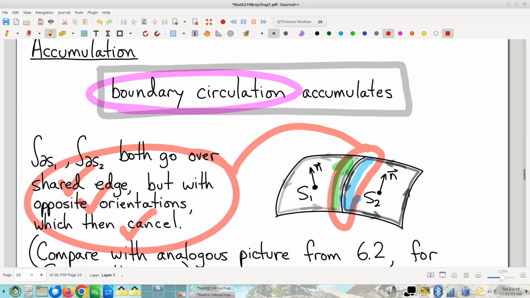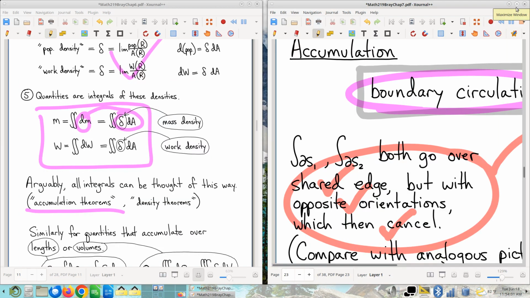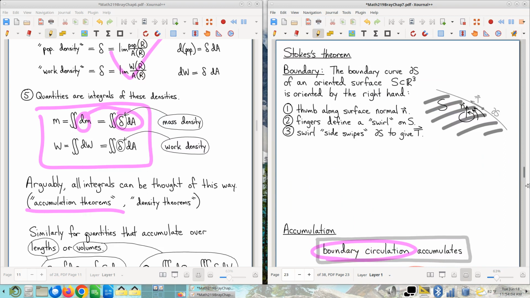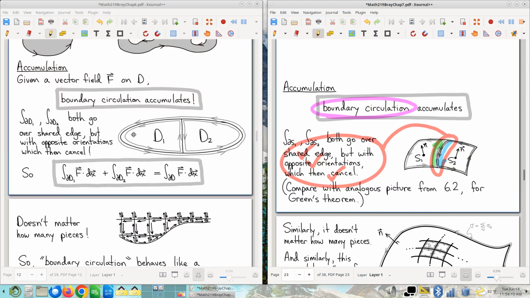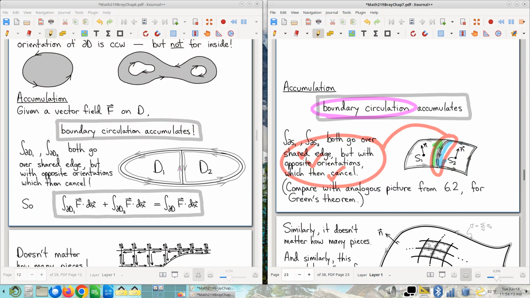I think it's a really healthy exercise to think that through. In fact, let's retain this picture here, and then look at this picture that we saw when we were doing the other theorem. Again, that direction on that piece, that direction on that piece, same shared edge, opposite orientations, they cancel. It's the same exact argument, just in a slightly different context, floating up in space instead of confined inside of R2. Cool.